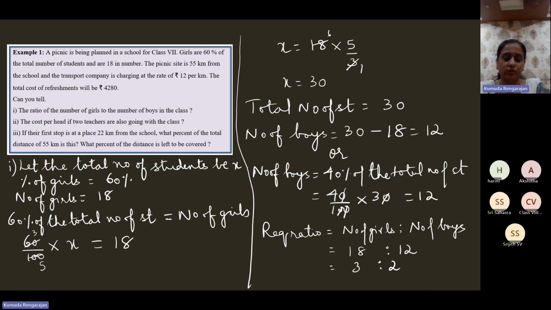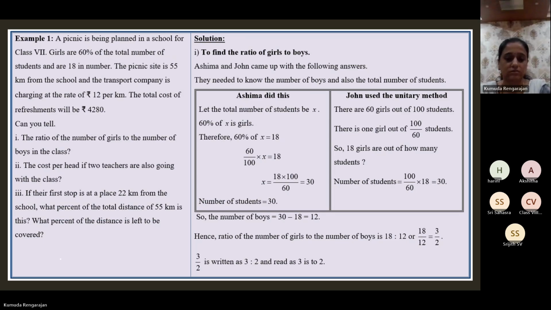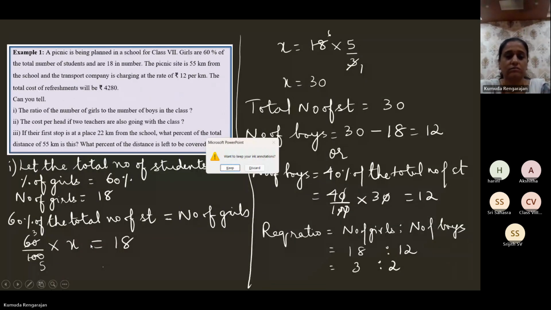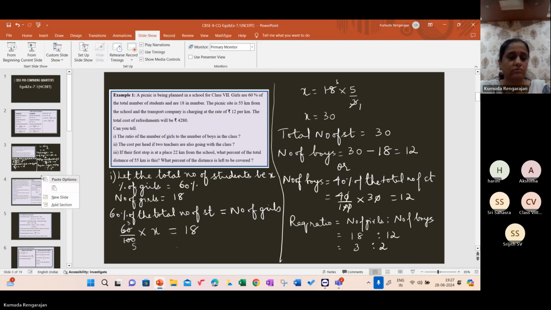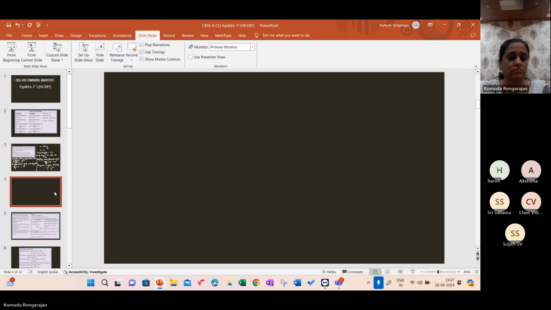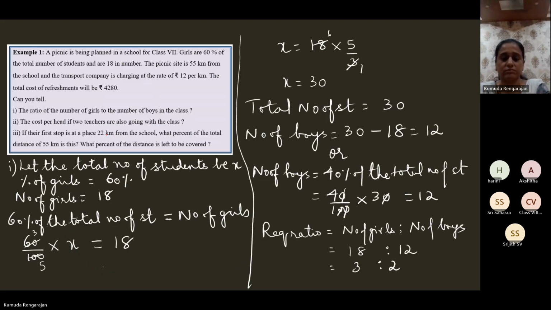Okay. Next, we'll have to find the cost per head. Cost of transportation.